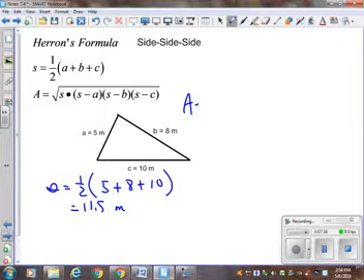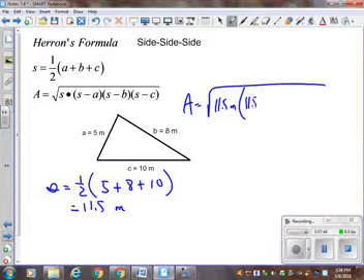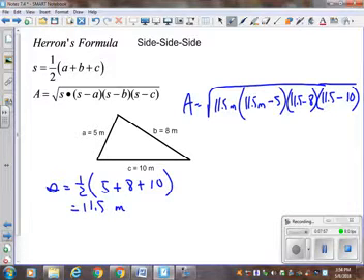So A equals the square root of 11.5 meters times 11.5 meters minus the first side, which is 5, 11.5 meters minus the second side, which is 8, minus 11.5 minus the third side, which is 10.